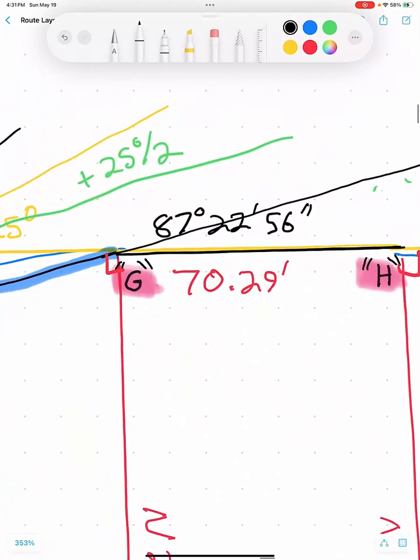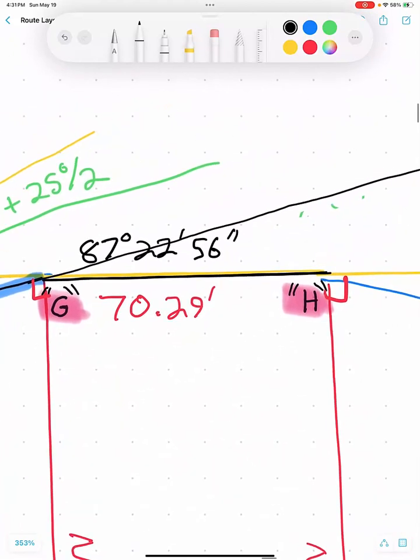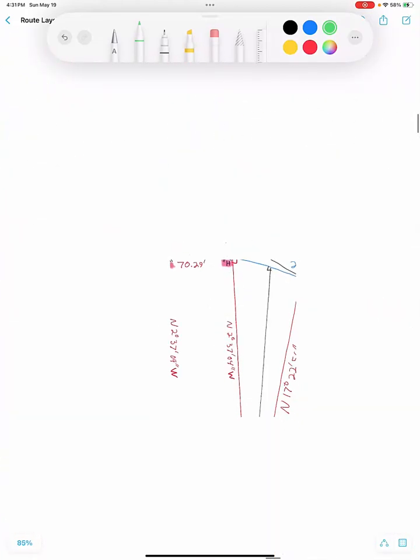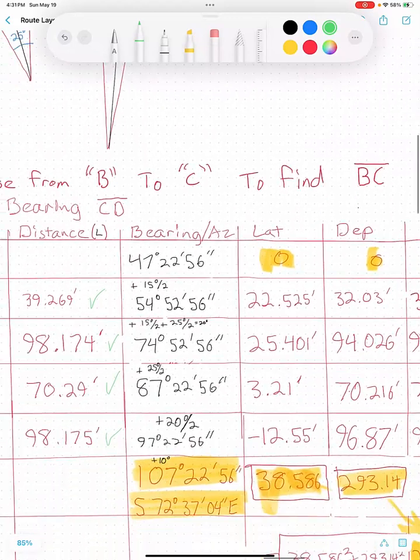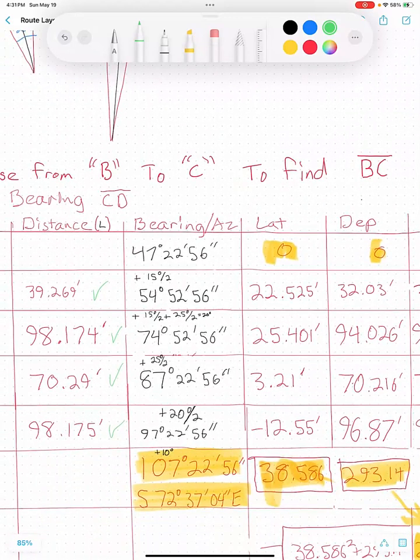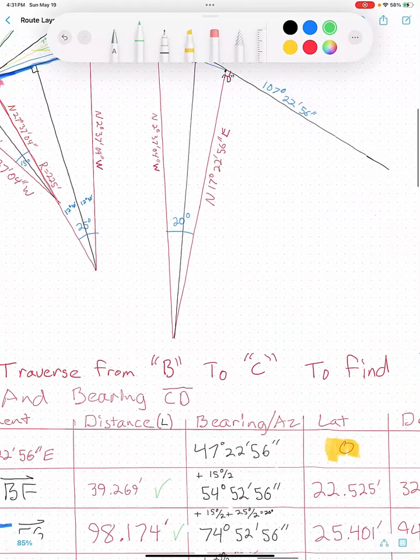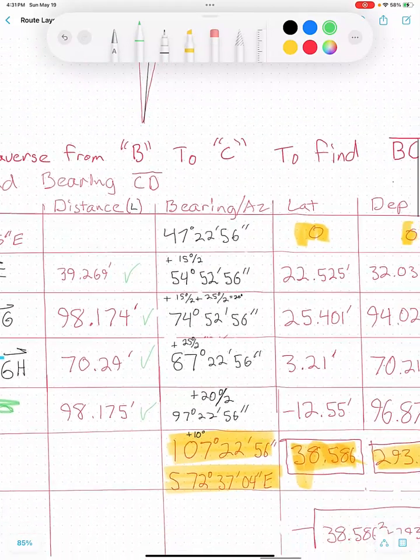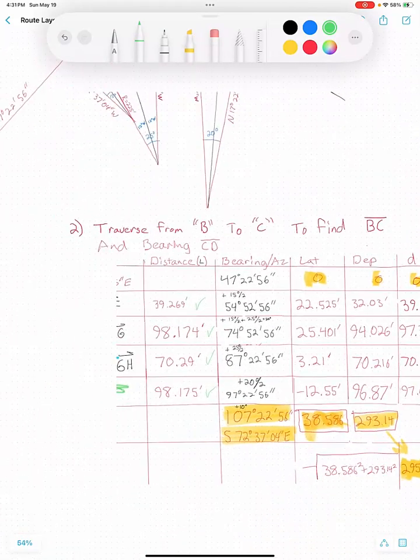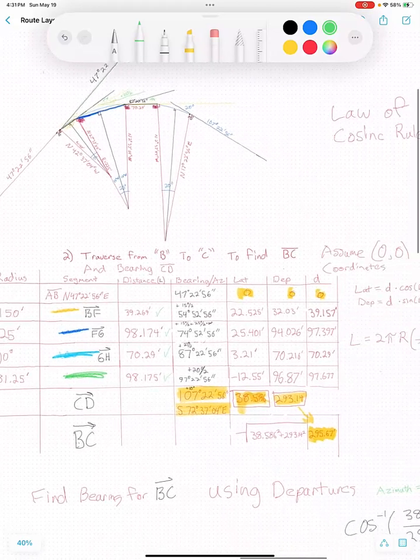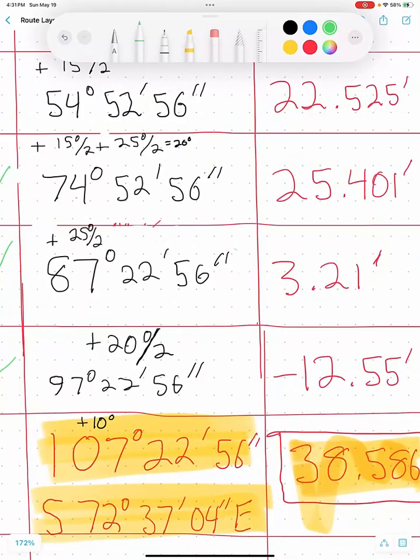this is where the other half, that 25 over 2, has to get added back to that. That gives us 87 degrees, 22 minutes, 56 seconds. And then that last piece gives us that green segment of 97, 22, 56 by adding 20 over 2.